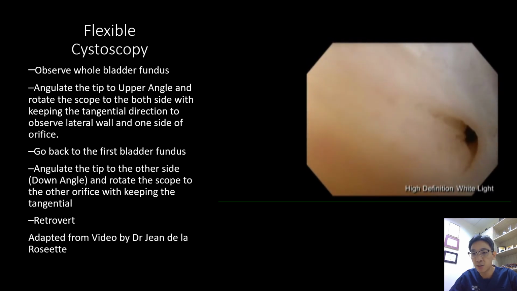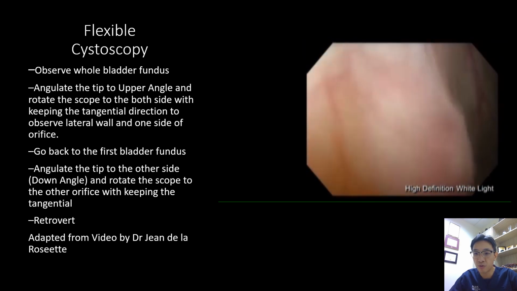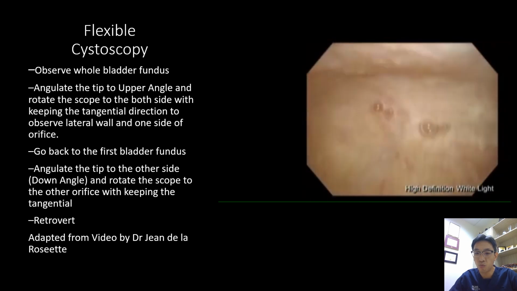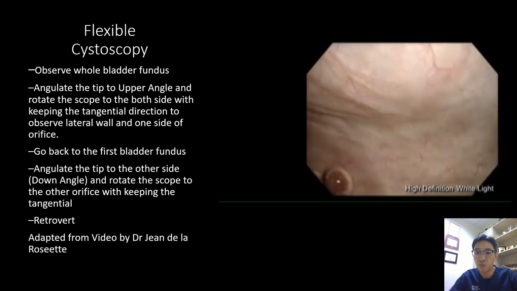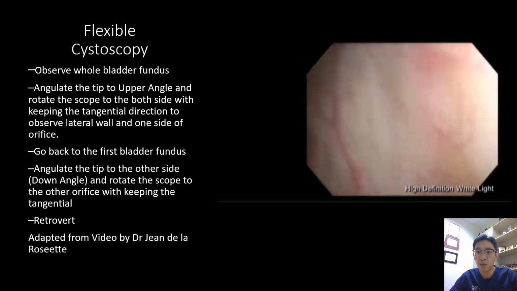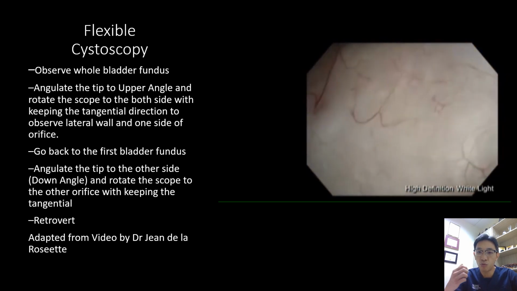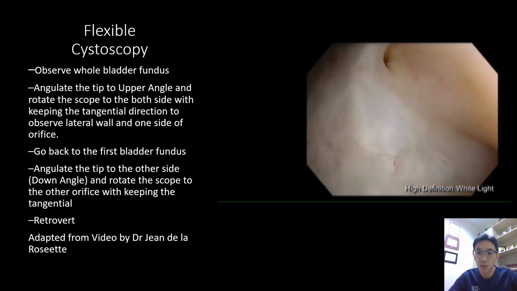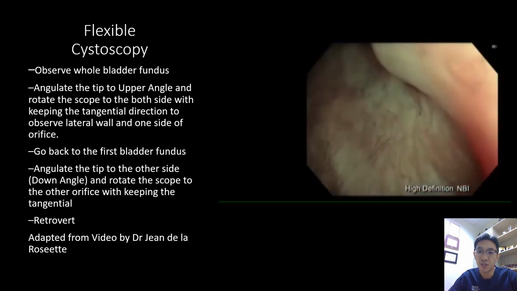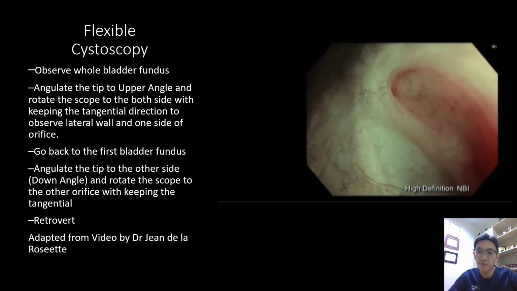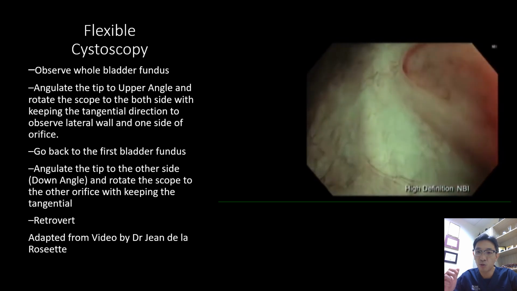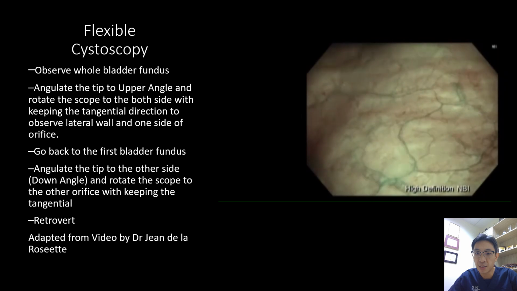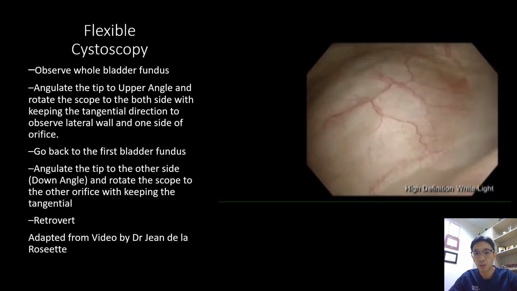In this case, he's looking at one of the ureteric orifices, and as he moves, and the movement of the flexible cystoscopy predominantly with a rotation of the wrist and up and down flexion of the thumb. This is the other ureteric orifice, and you can see if the movement is very quick, then enhanced imaging may not facilitate the vision.